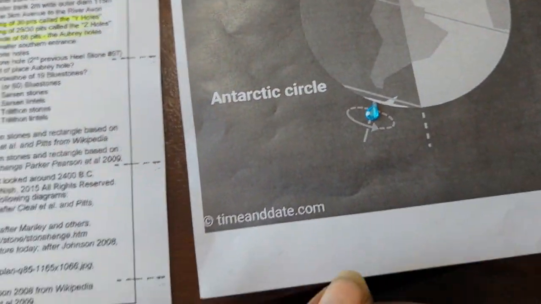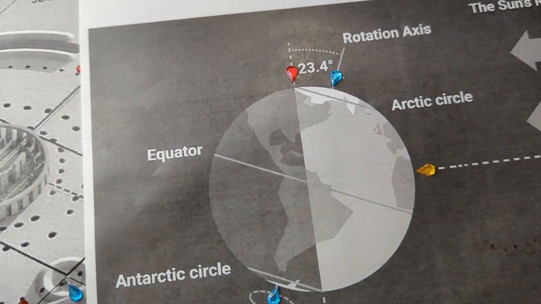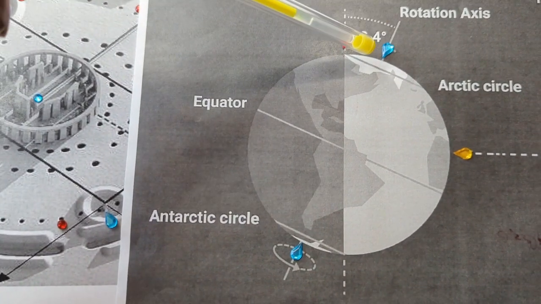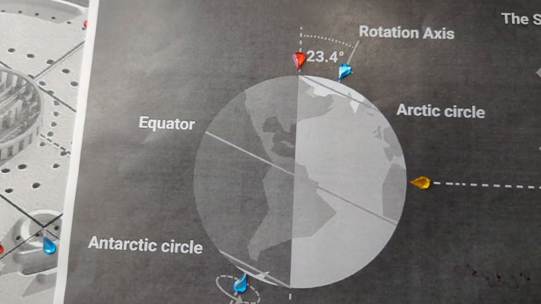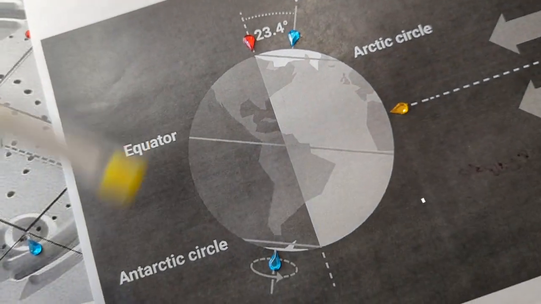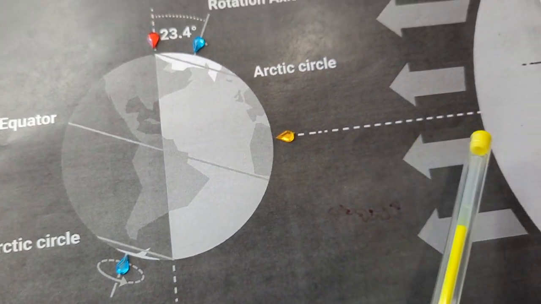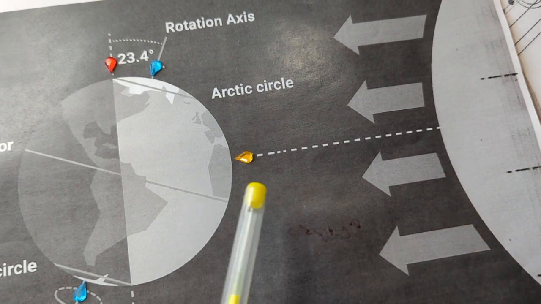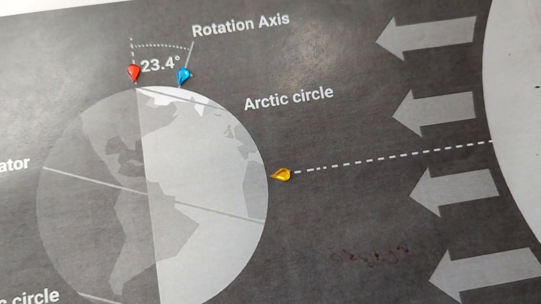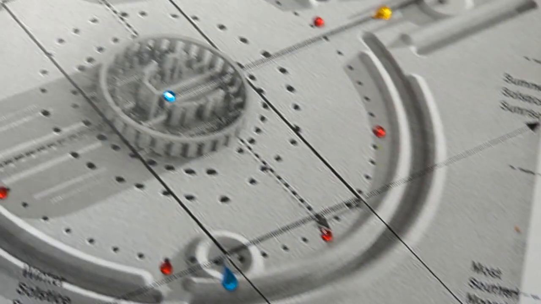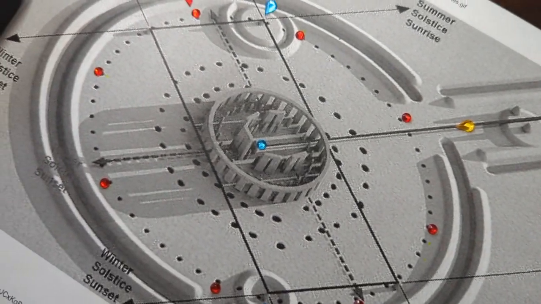If we look here, we'll bring this over, okay? We have red here, blue here, blue here. That's the tilt. The blue represents the tilt. This gold one here represents the sun during the tilt, during the solstice. So we have the same thing over here.